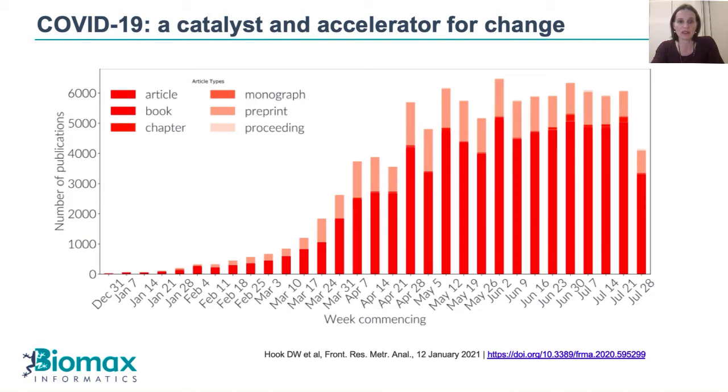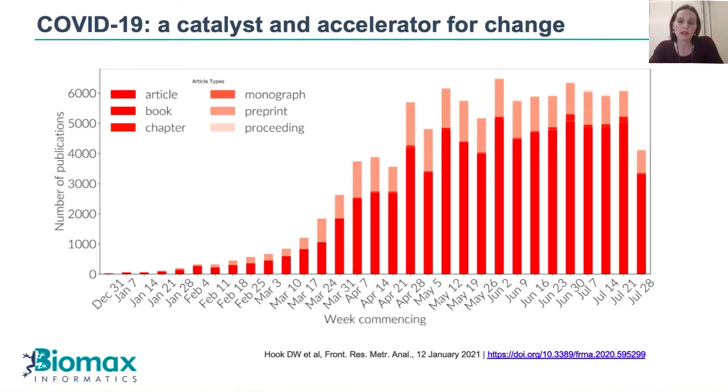This slide shows you the exponential growth of articles published within the first 7 months. And with the start of the pandemic, Biomax decided to make Vilani publicly available for the COVID-19 research community to cope with this avalanche of information.